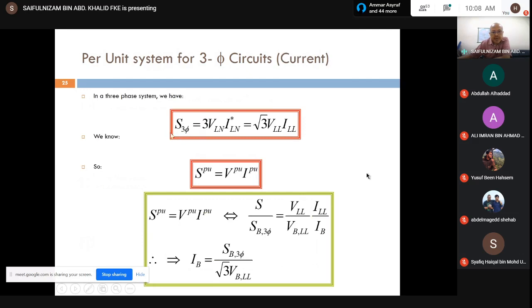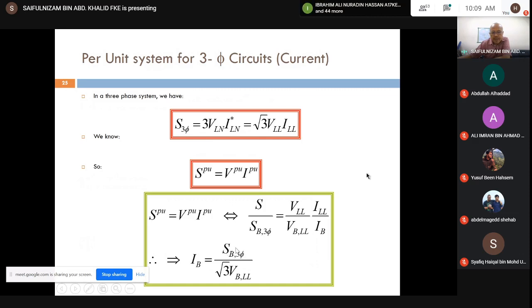In 3 phase, we also have this complex power. S 3 phase equals 3 times V phasor times I conjugate phasor, or root 3 times V phasor times I phasor. In per unit, S per unit equals V per unit times I per unit. By arranging this equation, this is important, how to find the base current: the S base, the 3 phase value.